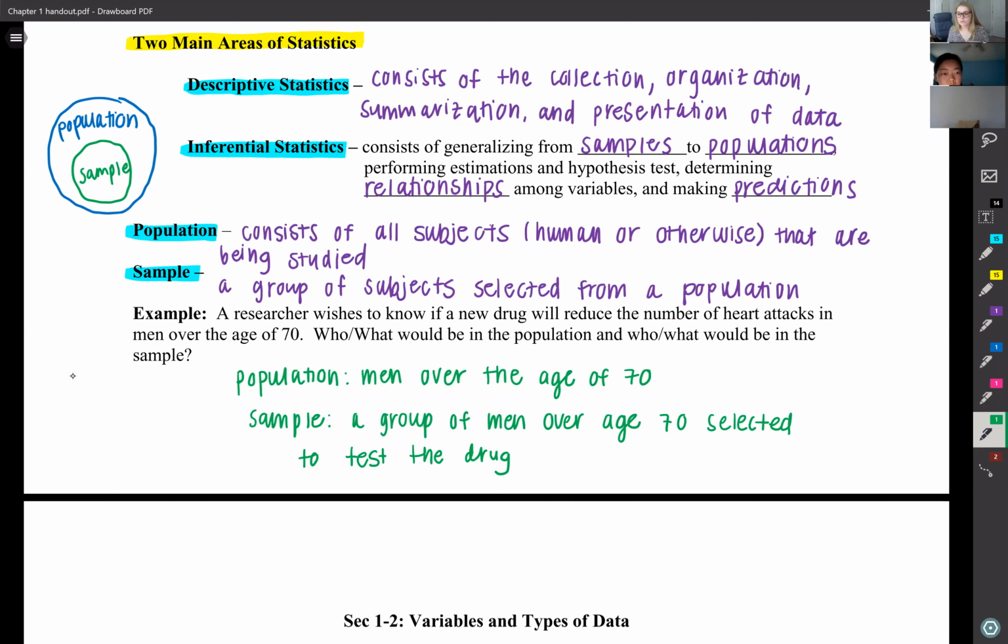So very simple, but it's good that you realize that the population is all men over age 70. It's all of them. But our sample would just be some of them, since we can't do a study of every single man.